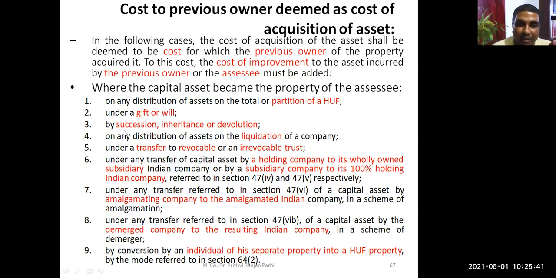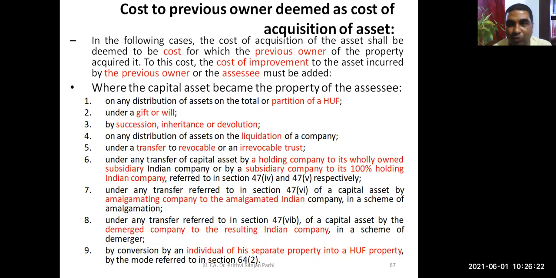When an asset is acquired by succession, inheritance, or devolution, or by way of liquidation of a company, or by way of transfer to a revocable or irrevocable trust, or a holding company distributes assets to the subsidiary, or a subsidiary company transfers an asset to its 100% holding company, or assets transferred from an amalgamating company to an amalgamated company, or an asset transferred from a demerged company to the resulting company, or conversion of an individual's own asset into HUF's asset.